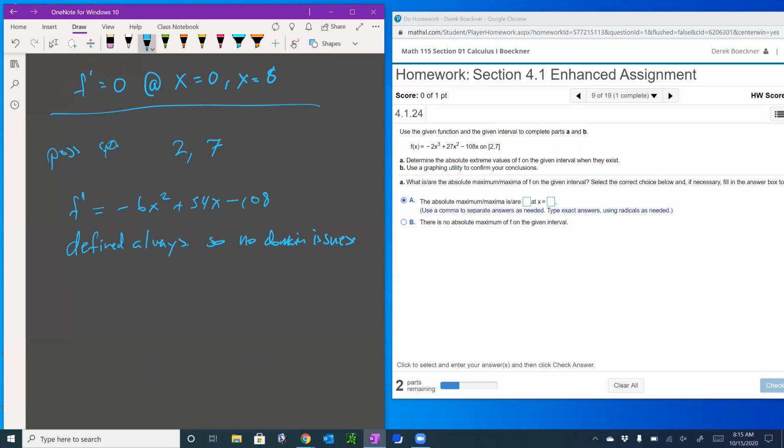Okay, and then I need to set this equal to 0. First thing I do if I'm solving this is I'm going to divide everything by -6. So 0 equals x squared minus 9x plus 18.